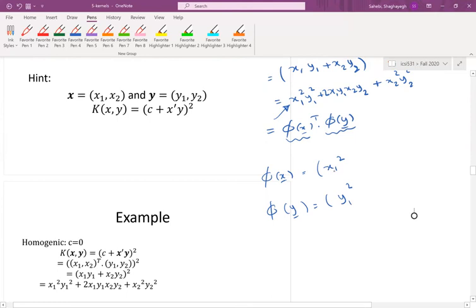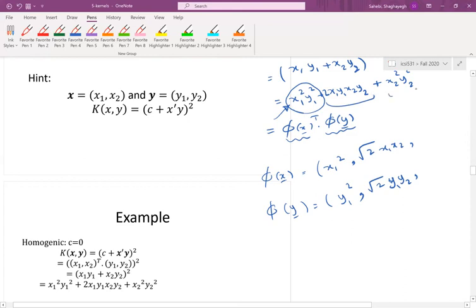So then x1 squared and y1 squared are going to give me the first term here. For the second term, if I have square root of 2 x1, x2 for phi of x, and by symmetry, square root of 2 y1, y2 for phi of y, multiplication of these two is going to give me this second term.